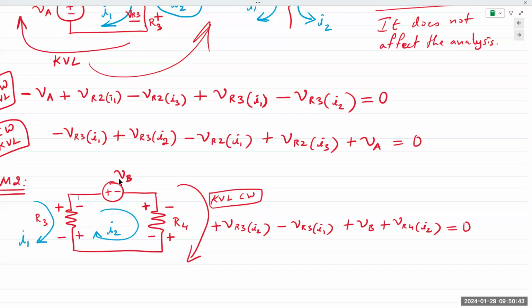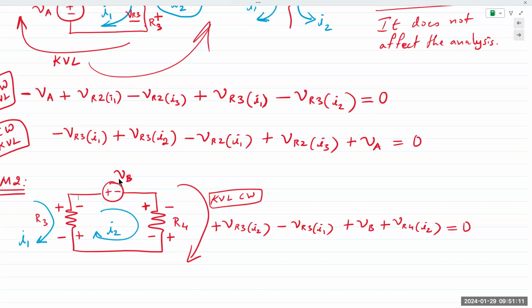Again, remember, they are not real, but the only purpose of choosing mesh currents is so that we can describe the resistor voltages that are present in that loop, so we can sum up those voltages. If we have a voltage source, it's automatic, we simply add or subtract the voltage, as the case may be. But the mesh current itself does not affect the voltage source.